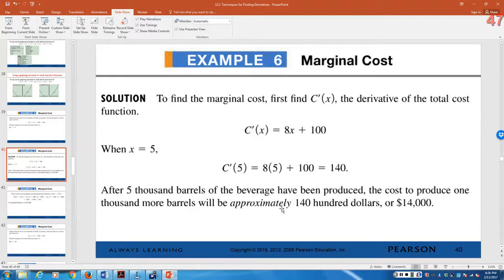You need to put it back in context with the right units. So you've made 5,000 barrels, you're going to make another 1,000. And the cost of that additional 1,000 barrels is going to be $14,000.